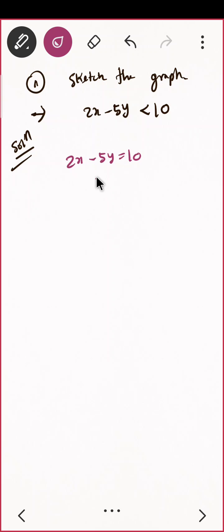The best way is here: put x equal to 0, get the value of y, and put y equal to 0, get the value of x. Do you see that? What will be the value if I put x equal to 0?